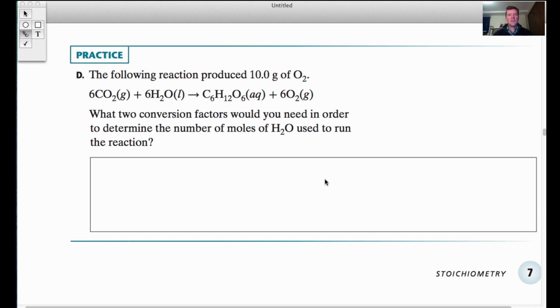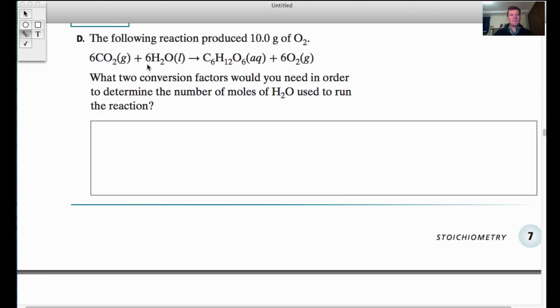Okay, so I'm going to use my table. I have a reaction here of carbon dioxide and water producing, I believe, sugar and oxygen. So this is a process that would be happening maybe in a plant that's going to take the carbon dioxide along with water and convert it into glucose and oxygen.